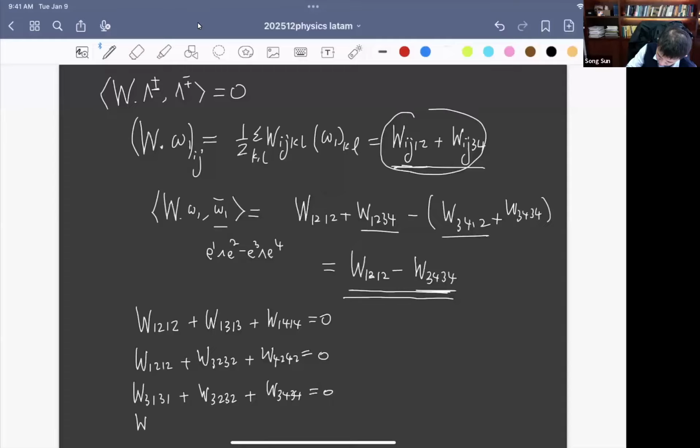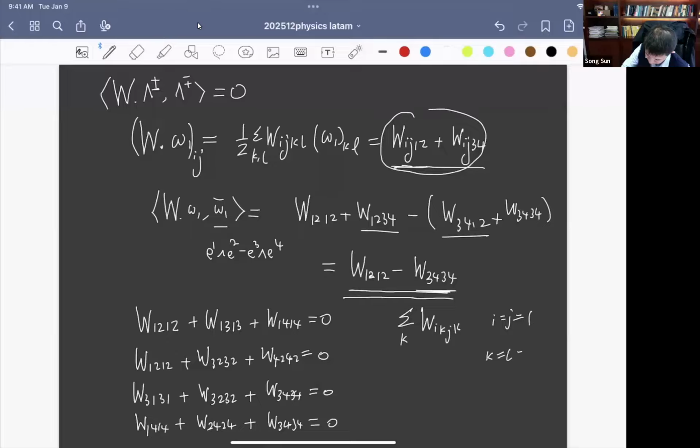And then I do 1 4 1 4, 2 4 2 4. So this is W I J K L, right? Here I fix the first term I equals J equals 1. Second term I fix K equals L equals 2. Third I equals J equals 3, K equals L equals 4.